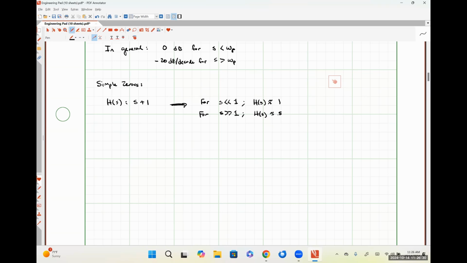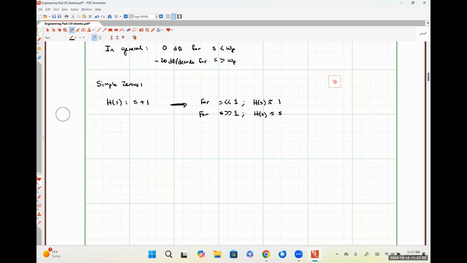So like, are you trying to say it's so big you just need like the one? Yeah, okay. That's it. That's all we're doing, is we're figuring out if we are far away from our exact zero frequency in this case. So if we're far to the left-hand side, what does it look like? Roughly 1. If we're far to the right-hand side, our curve should be almost exactly the frequency response of just s by itself.